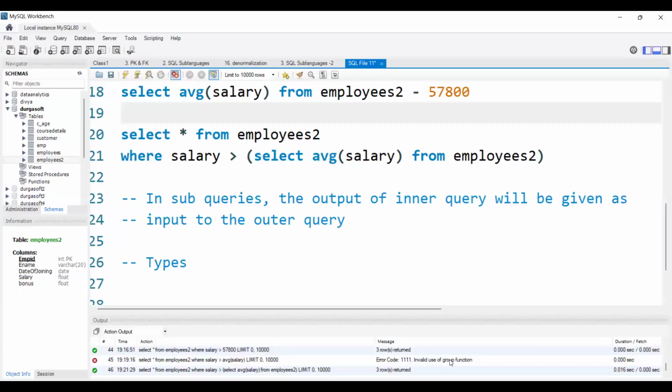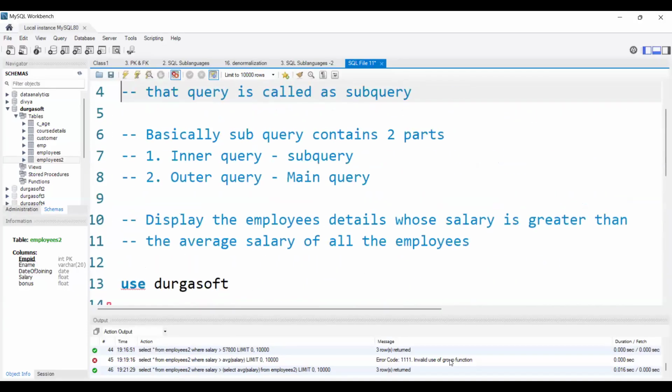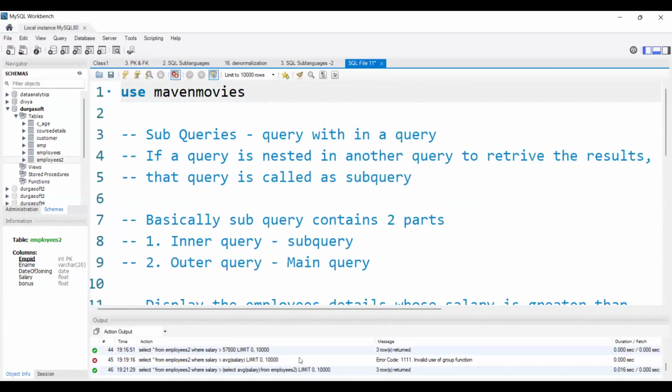One important point here is that whatever we solve by using subqueries can be solved by using joins or the normal clauses and operators we learned.